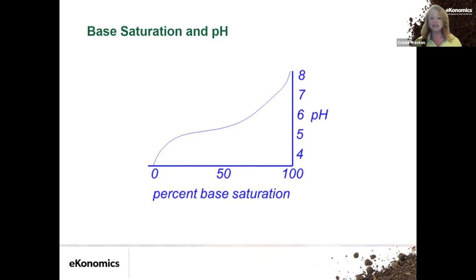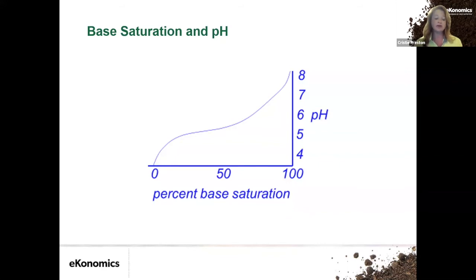So in general, you are increasing the bases. You will potentially increase the soil pH, because if you think about it, as pH increases, you're getting more OH negative charges on the soil particles, and that will lead to greater cations that can be held on the complex.